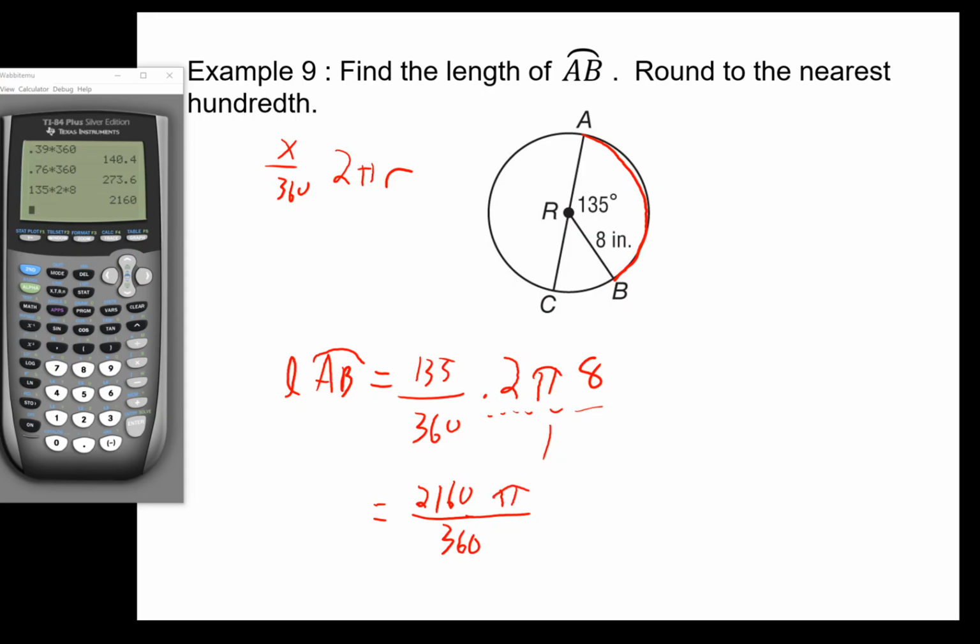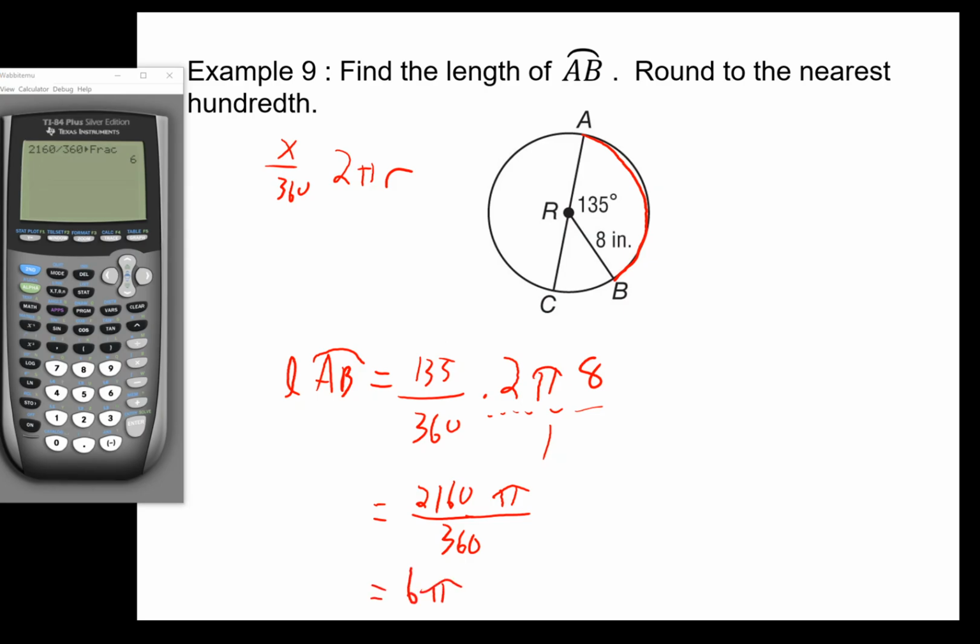That's what I mean by leave it on the end. Now, let's try and reduce that. Actually it's just 6. So that is 6 times pi.